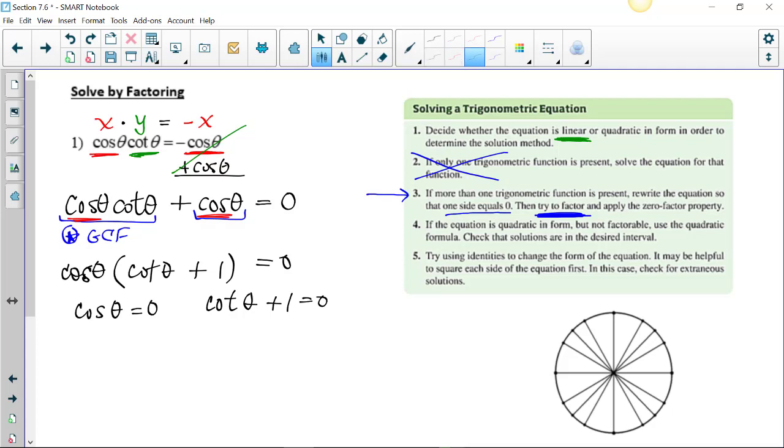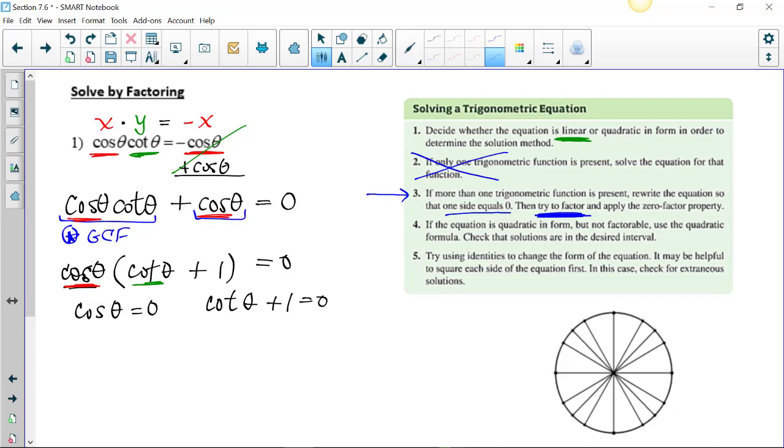One thing I wanted you to notice is what happens when we factored. My trig functions occur in different factors. Cosine is in this factor, and cotangent is in this factor. So we end up with linear factors, and when we set them equal to 0, we have linear equations that we know how to solve.